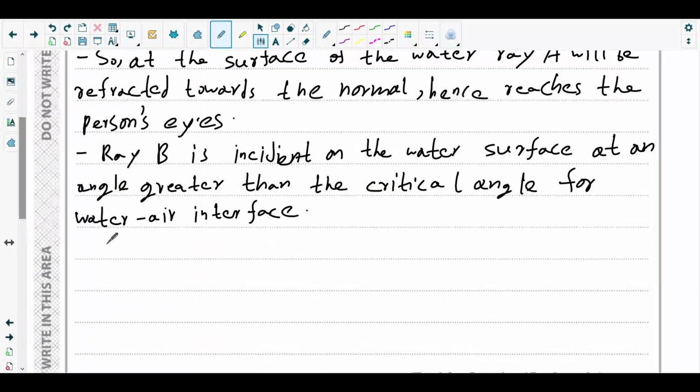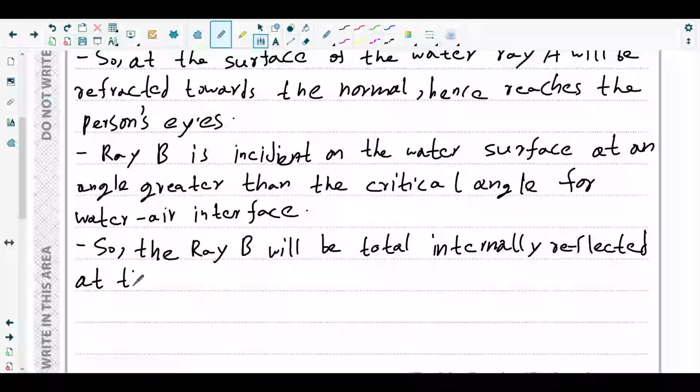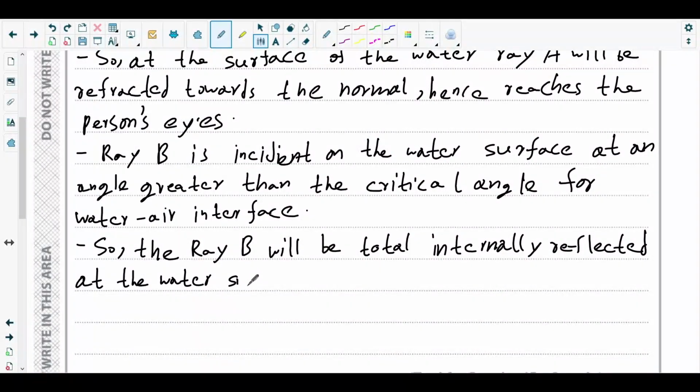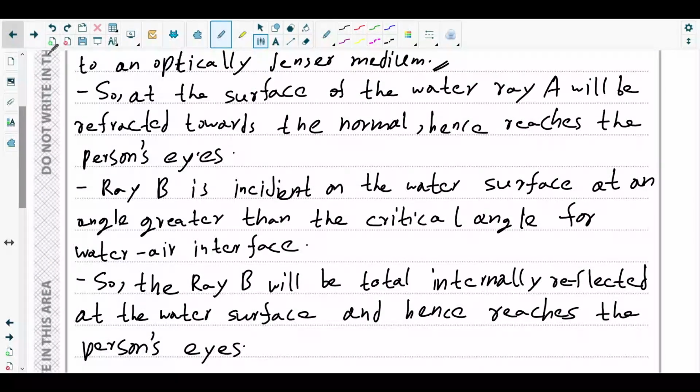The second point: ray B will be totally internally reflected at the water surface, and hence reaches the person's eyes. So we have said 2 points for ray B.